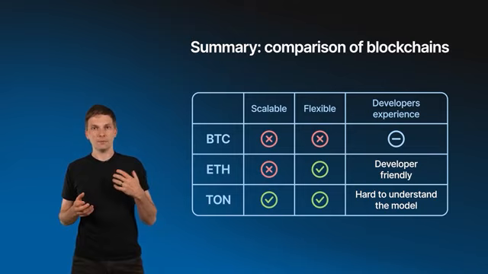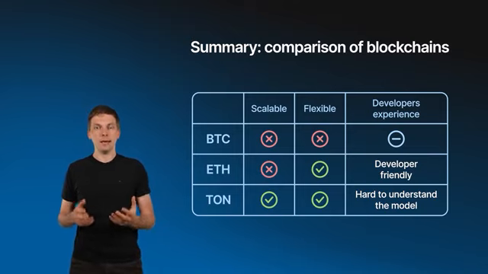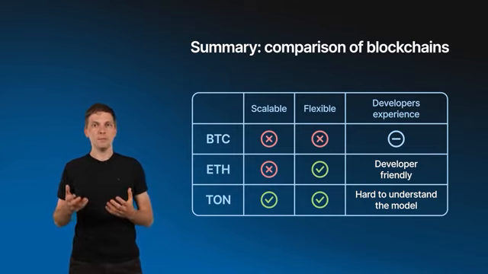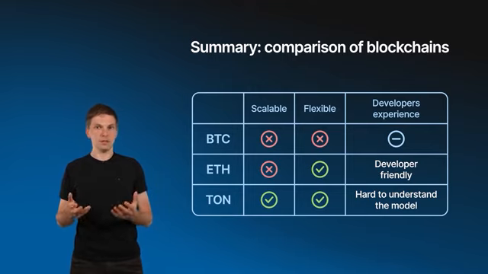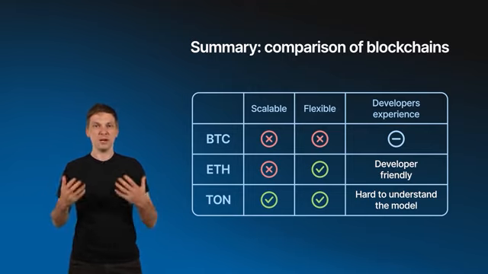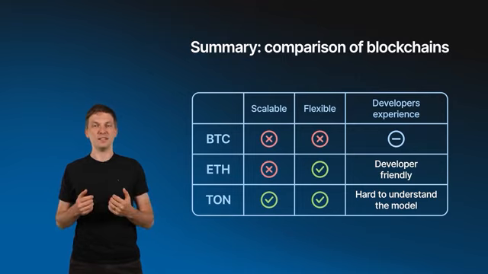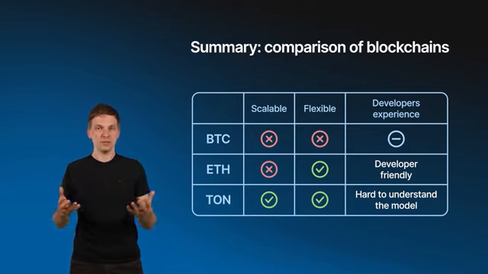TON optimizes for infinite flexibility and infinite scalability, but this comes at a cost of developer experience, because the model of TON is very unfamiliar to developers, and this is also the reason why we're making this course, to help developers understand TON architecture better and make full use of it.